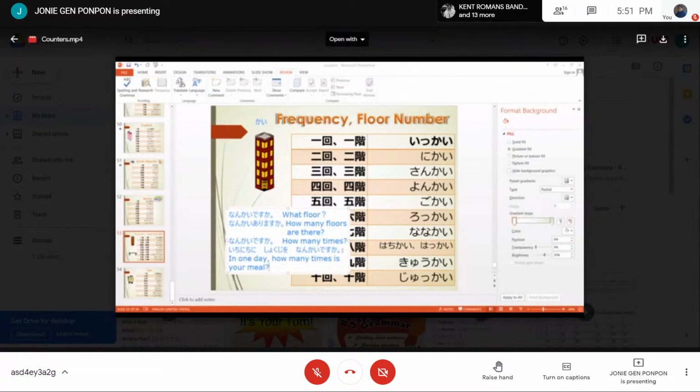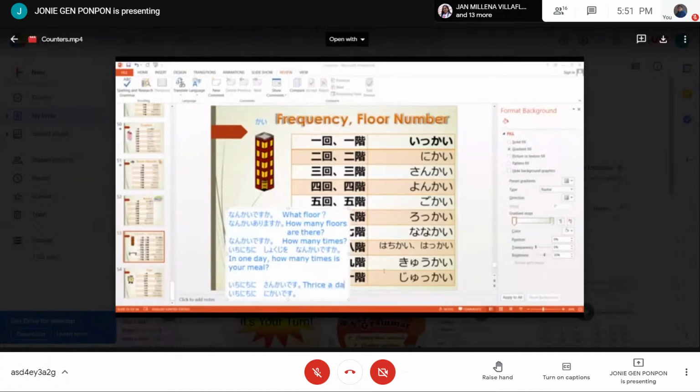Okay, so in one day, how many times is your meal? 1日に食事を何回ですか? If you have 3 times a day, your answer will be 1日に3回です。So, in one day, thrice or thrice a day.